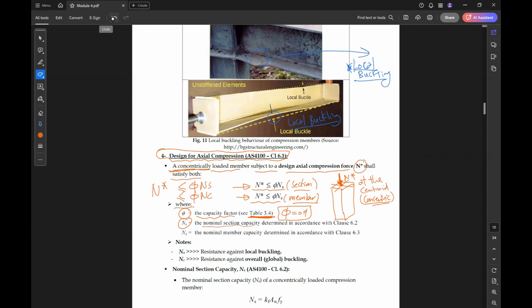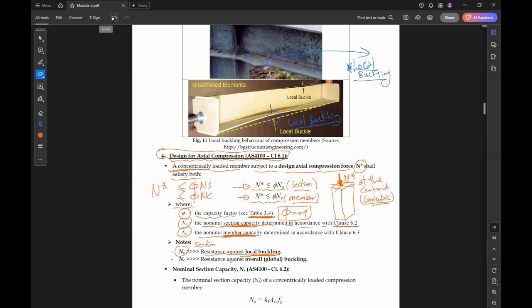NS is the nominal section capacity determined according to clause 6.2, and NC is the nominal member capacity. So again, NC and NS are section and member capacity. NS is the section capacity, meaning resistance against local buckling.